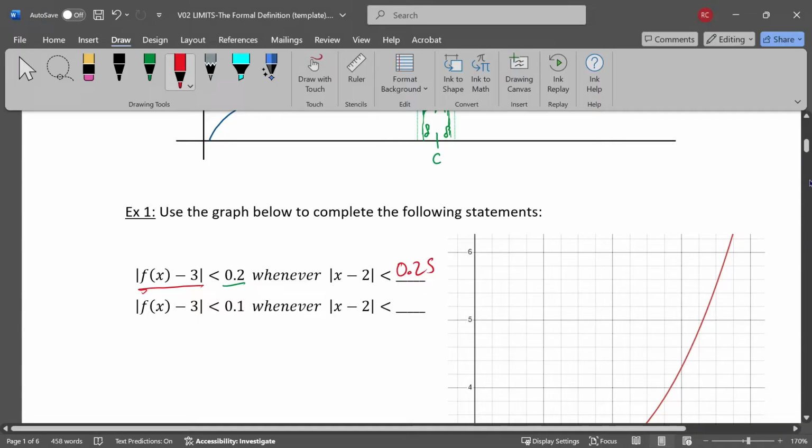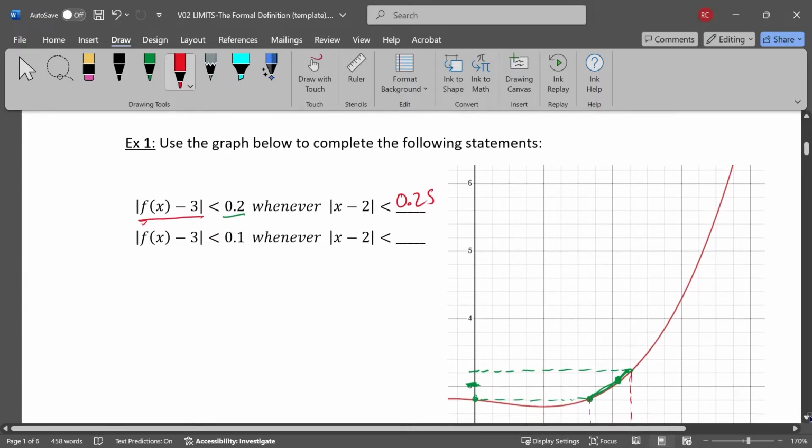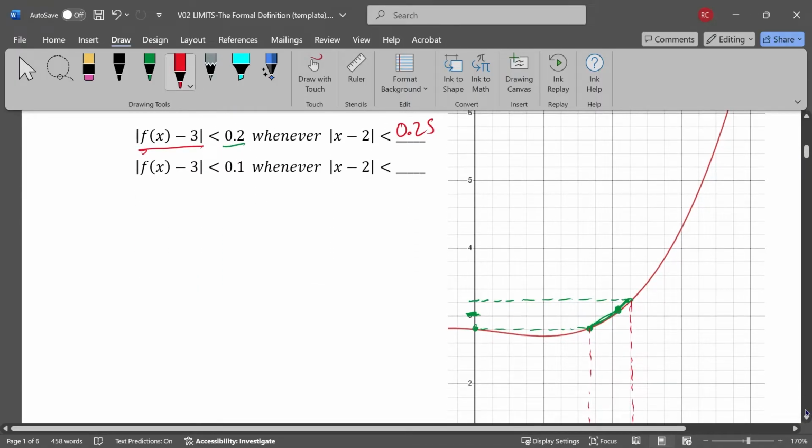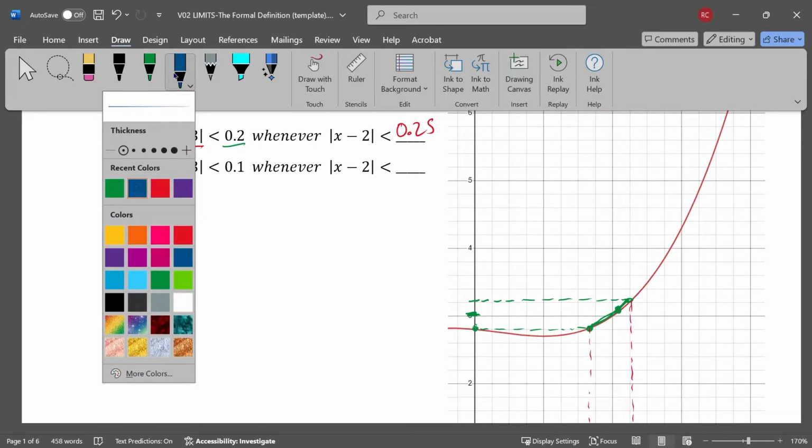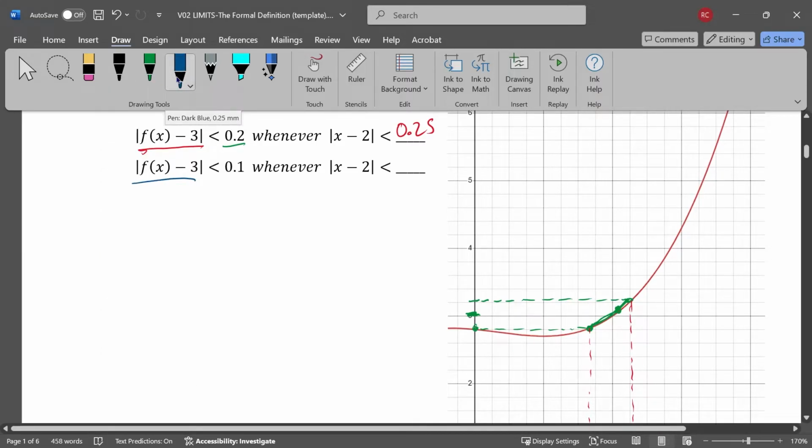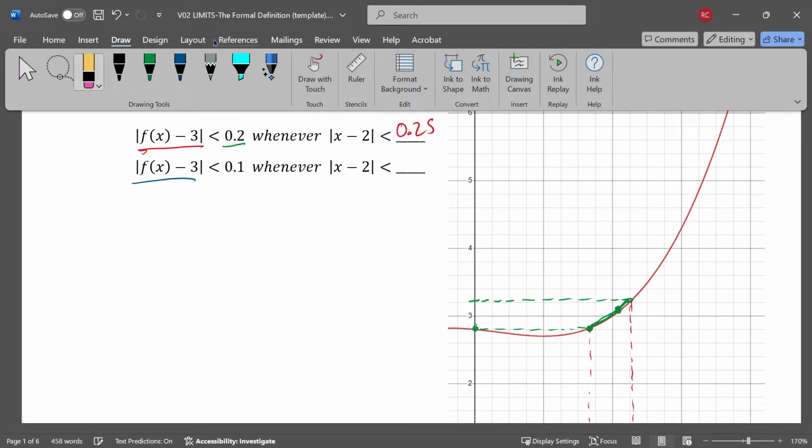Now I'm going to repeat the same thing. But now we're going to look at the distance between f of x and 3 being less than 0.1. So now, if I look back here at 3, if I only want to go out 0.1, that's half as far. So I go out half as far, and I'm going to do the same thing.